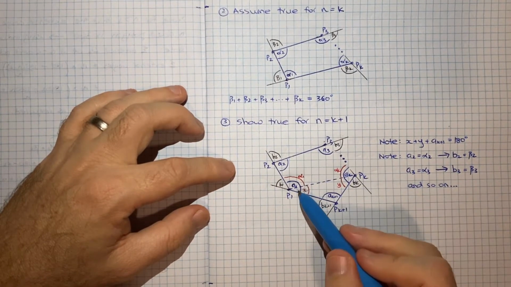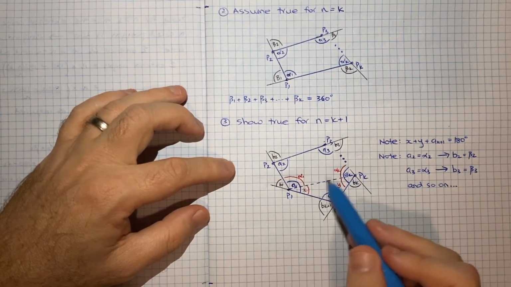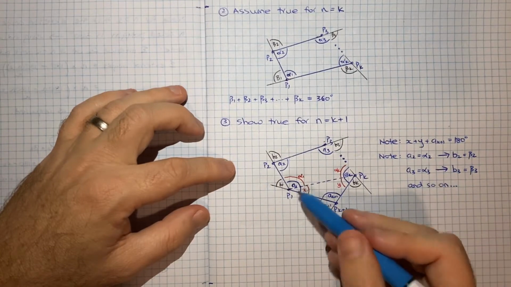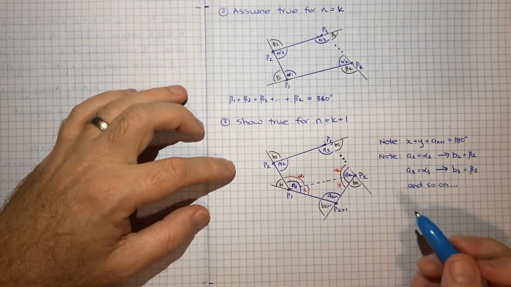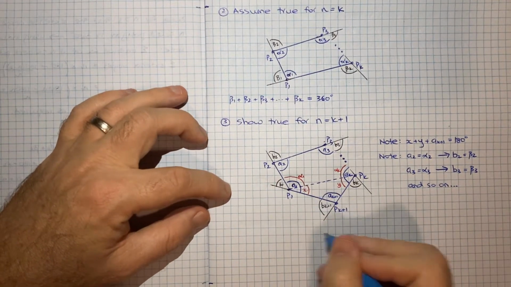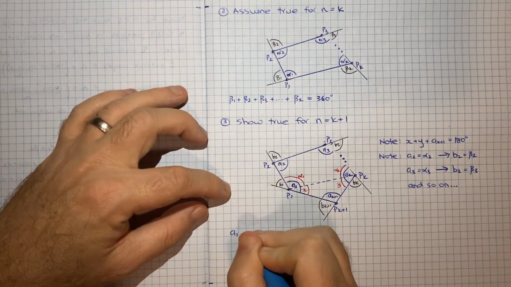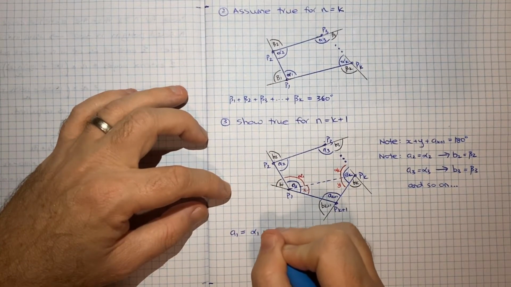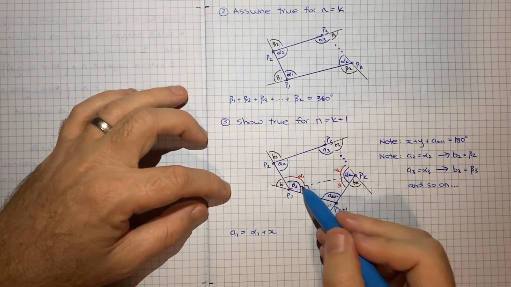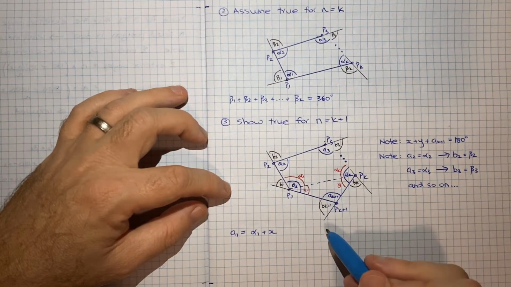Now if I focus on A1 and AK and see how they relate to their alphas, they're not going to be equal, they have changed. So if I start with A1, we can see from the diagram, A1 is going to be equal to alpha 1 plus x. A1 is the sum of these two angles.